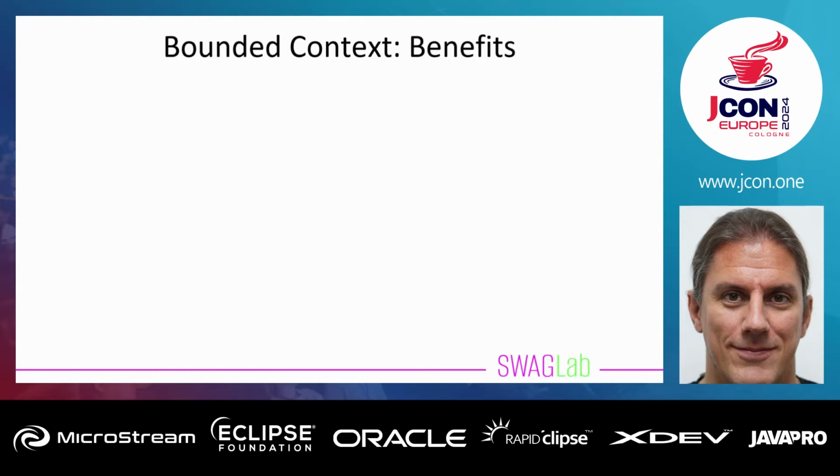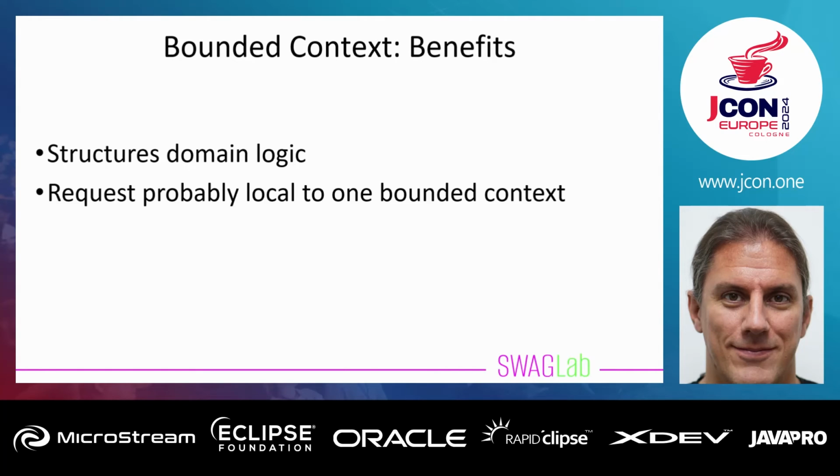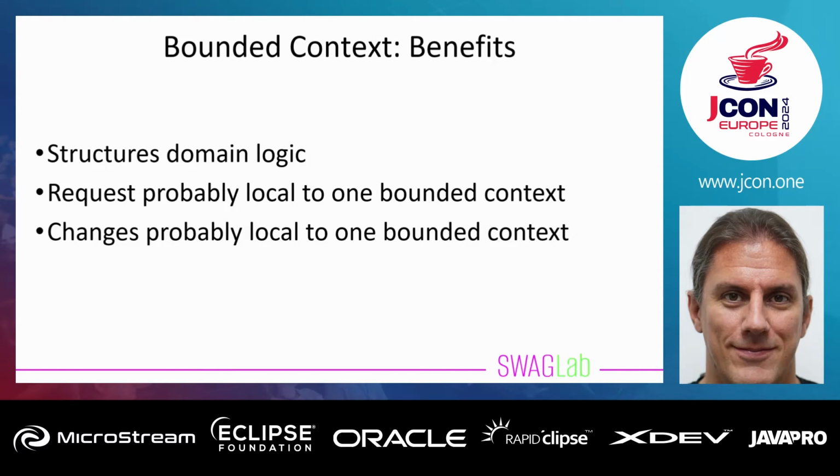So why is this great? Because it structures the domain logic, which I believe is quite important, and we are talking about domain-driven design, right? So by definition, this is part of domain-driven design. Requests are probably local to one bounded context because there is a separate functionality there. And changes too, right?